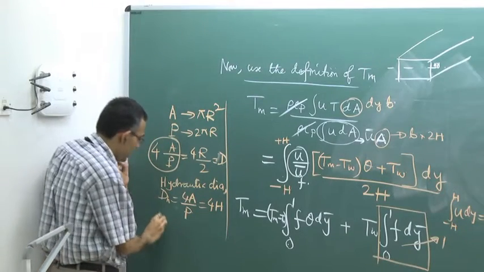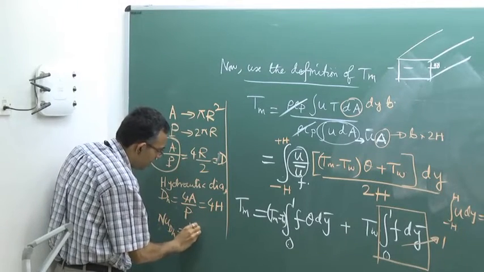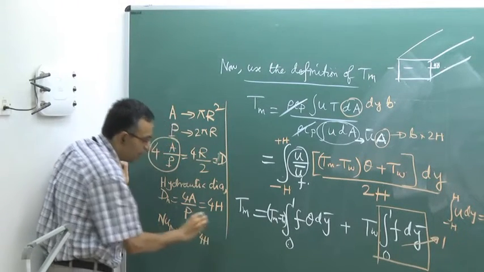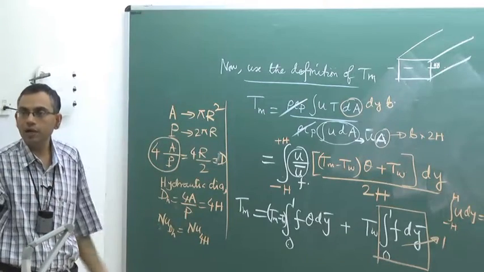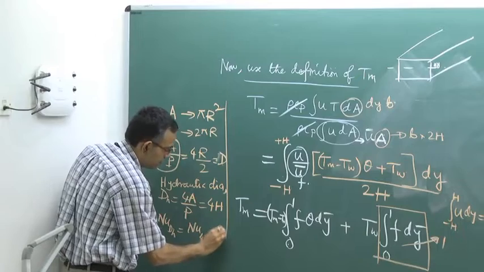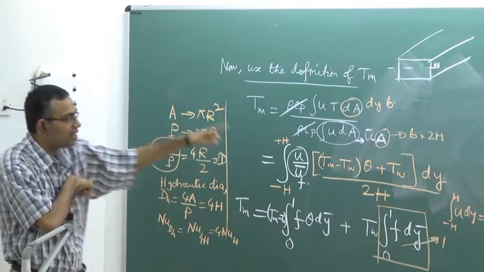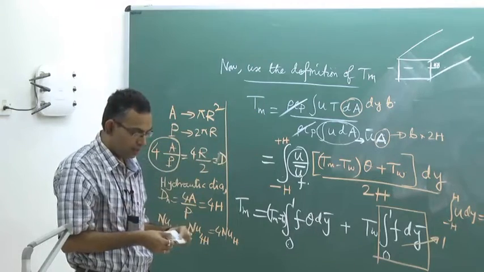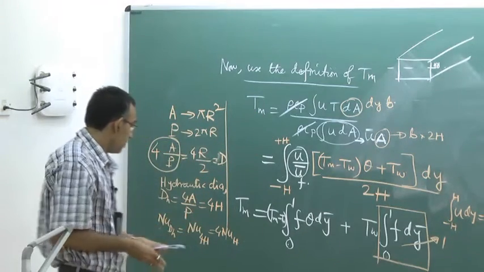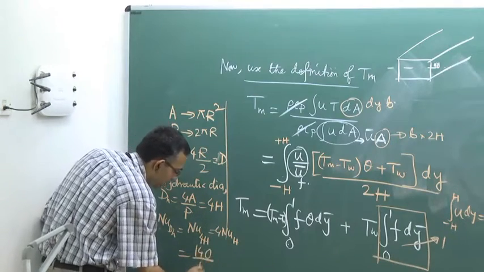So the Nusselt number based on hydraulic diameter is the Nusselt number based on 4h, that is 4 times the Nusselt number based on h. And if you evaluate it with all these numbers, I have given the outline, but if you now evaluate the value, this value will come out to be 140 by 17.